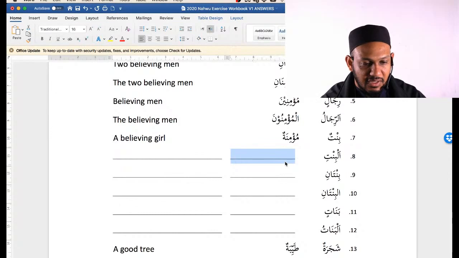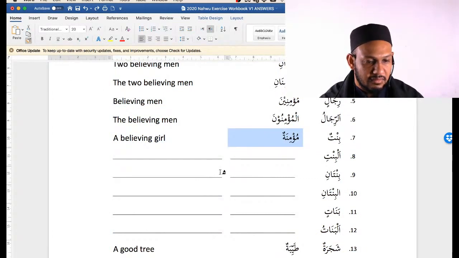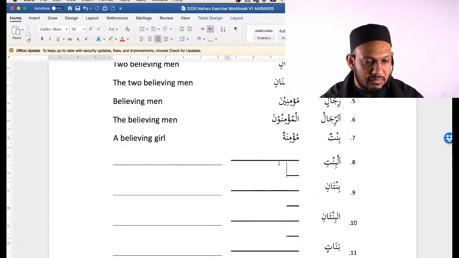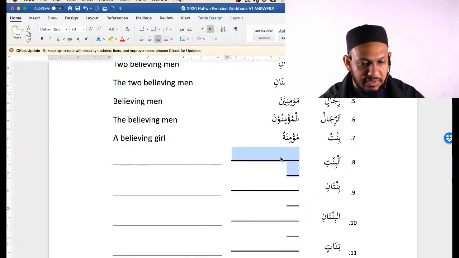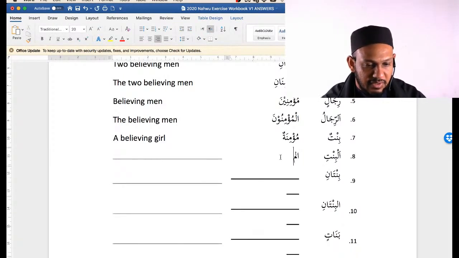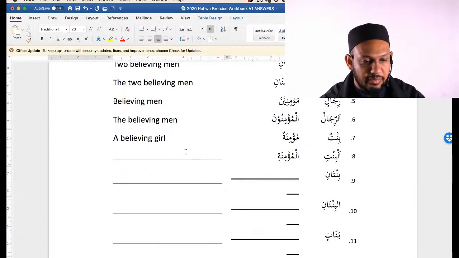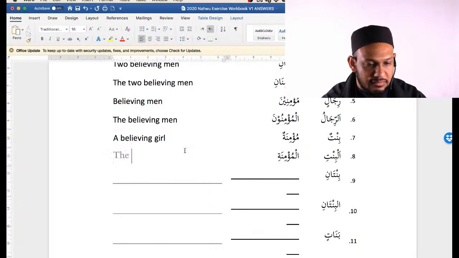Al-binti will become al-mu'minati. And that will be the believing girl.